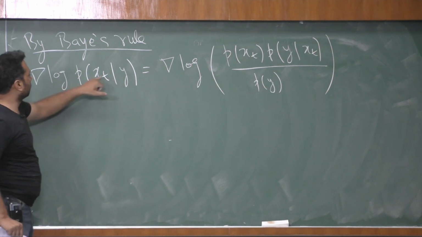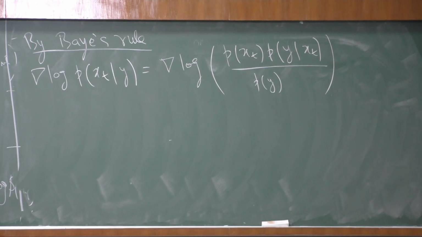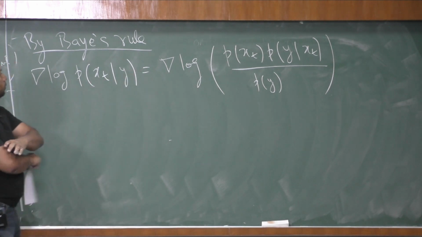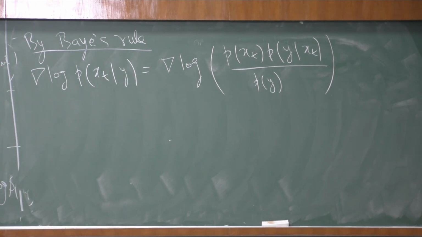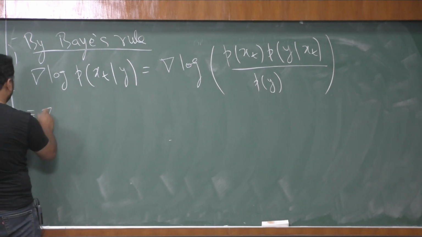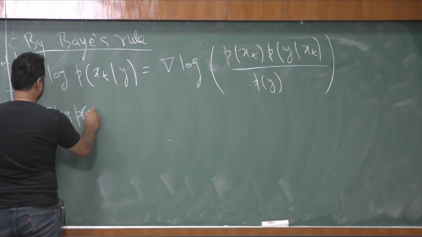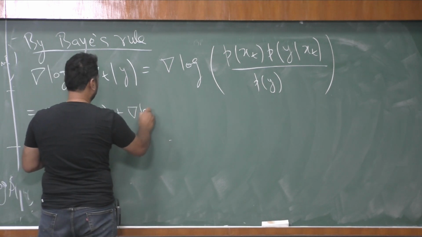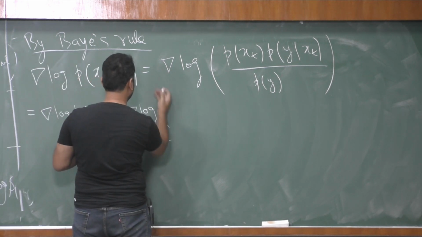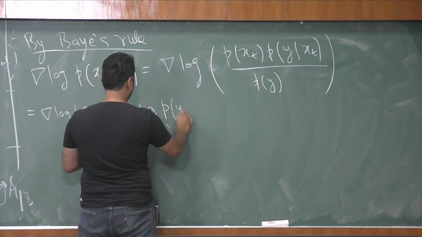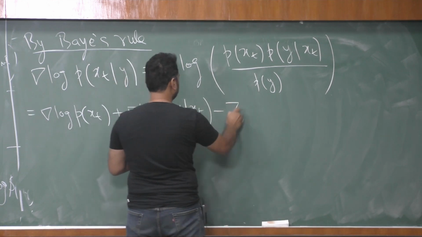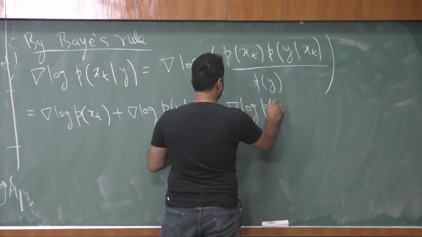Now we have the condition with y, and we use Bayes' rule to write p(xt given y) as p(y given xt) p(xt) divided by p(y), and because of the log it will split. So this will be grad log p(xt) plus grad log p(y given xt) minus grad log p(y).